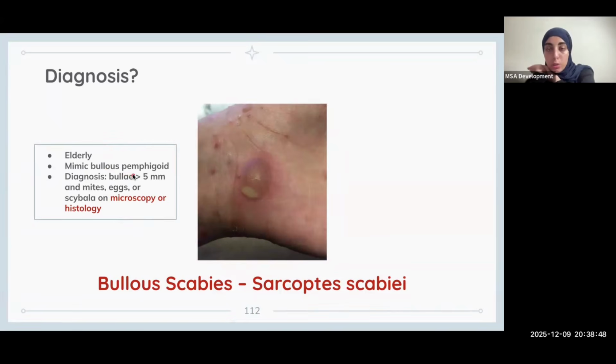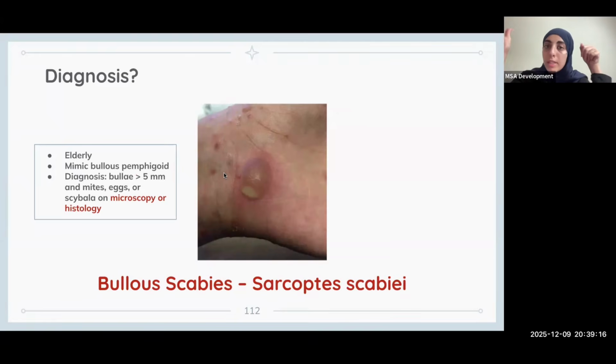If you studied the bullous disorders, you would know that bullous pemphigoid has antibodies against the hemidesmosomes in the basement membrane. Bullous scabies forms the exact same antibodies as well, and that's why it gives you the same exact appearance. So if you test for the antibodies, thinking it's bullous pemphigoid, you will find the antibodies. You won't think it's bullous scabies, but it could be.